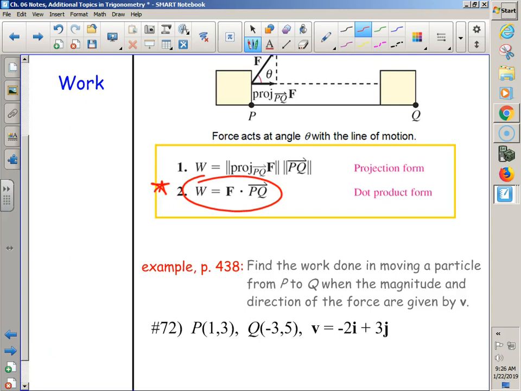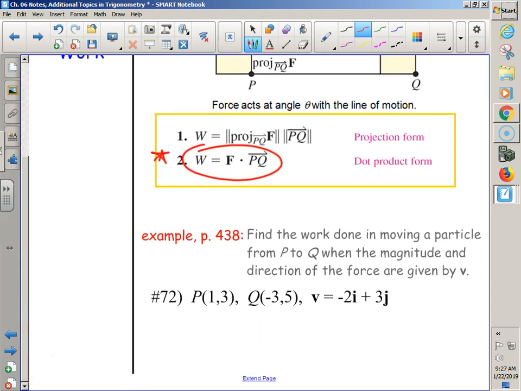The first one is a magnitude, which is a number, times a magnitude, which is a number. The bottom one says just take the dot product of the force vector with the distance moved vector, and you're going to get the exact same thing with a lot less work. But ultimately what that dot product is doing is projecting that force at an angle down in line with the motion in order to be able to do the force times distance that we actually need.